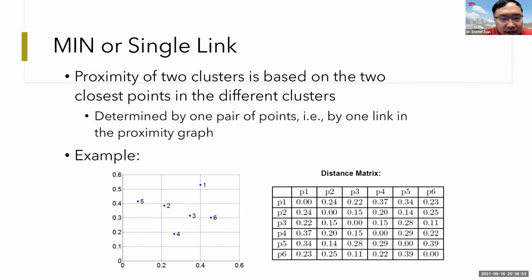The minimal distance is called single link. That means you have an agglomerative hierarchical clustering considering single link. This means the proximity of 2 clusters is based on the 2 closest points in the different clusters, so it is determined by 1 pair of points, by 1 link in the proximity graph.